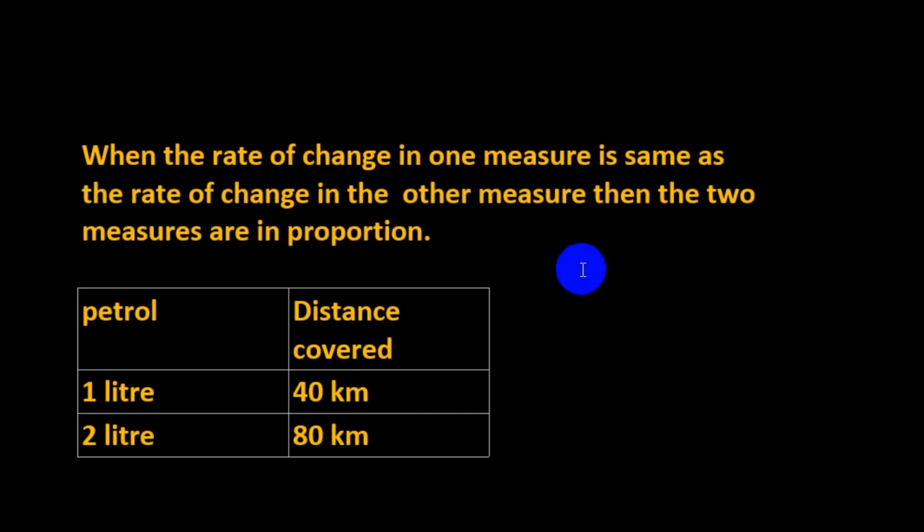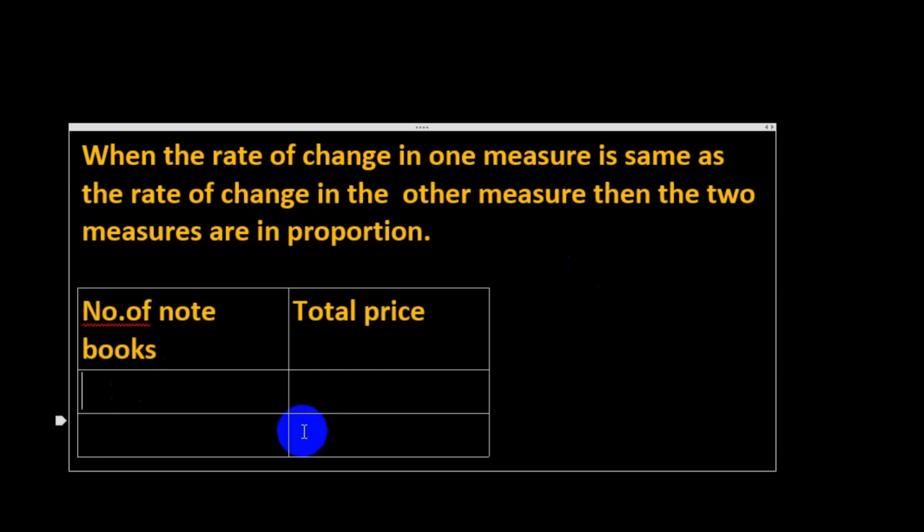Now let us consider one more example. See an item purchased and the total price. For example, let us take the number of notebooks and the total price required. If the price of a notebook is 15 rupees, let us suppose so.